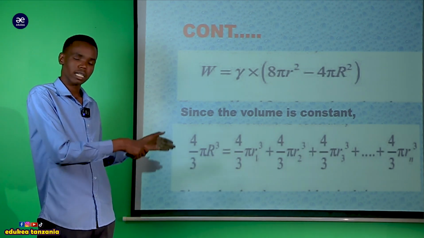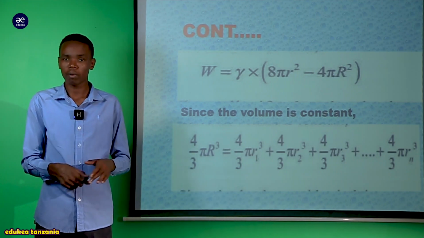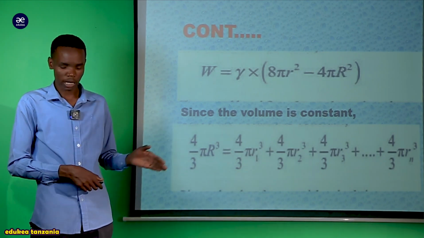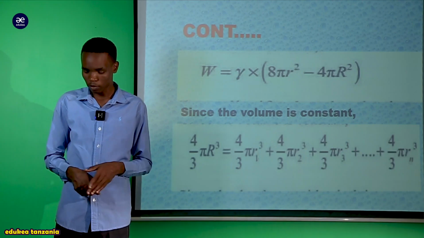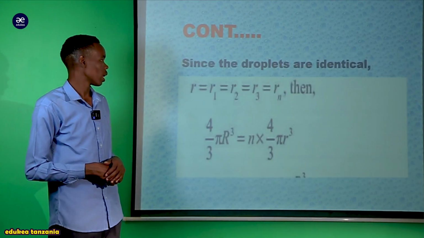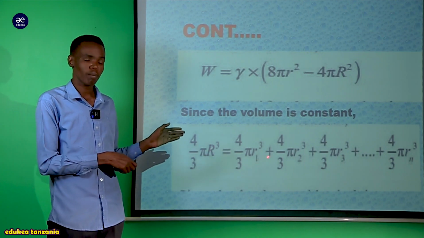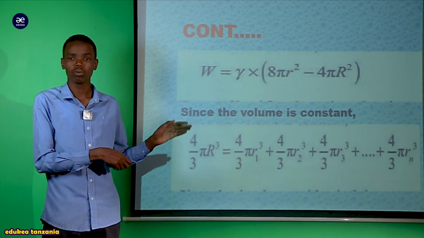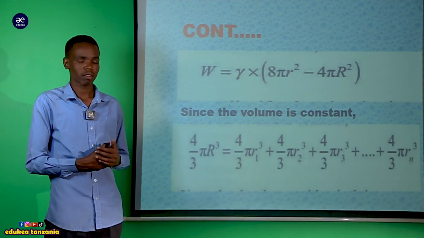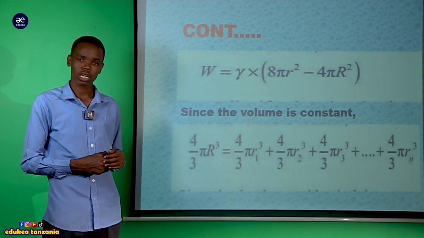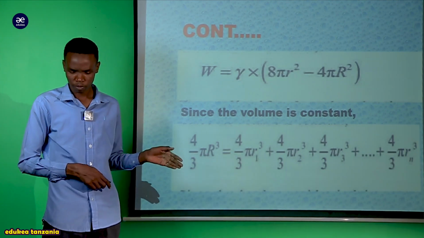Now we should cancel the common value found on both sides, 4 over 3 pi, and finally we should obtain that R cube must be equal to r1 cube plus r2 cube plus r3 cube plus dash rn cube.